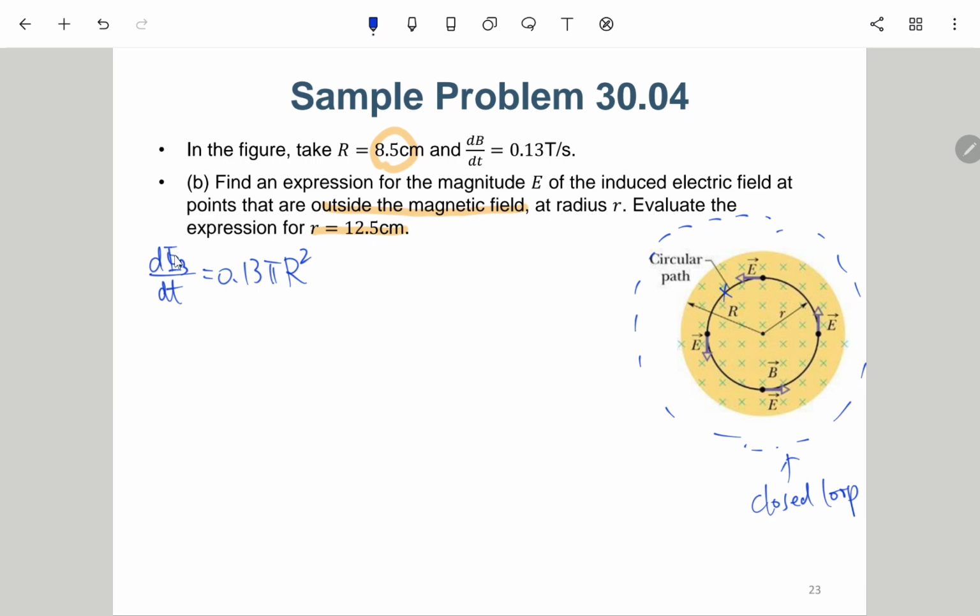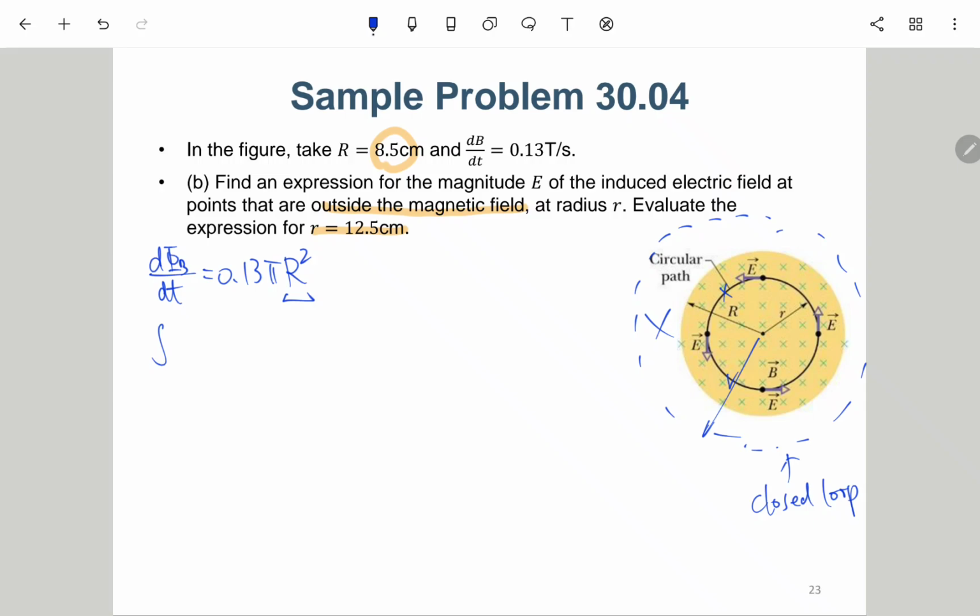But for d phi b dt, only this part has the B field or the B field changing. So we would not count the full small r, because the outside part does not have any B field or B field changes. So phi b is counted up to the whole region here, up to capital R only.